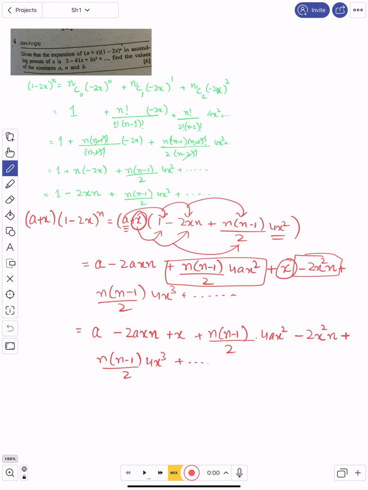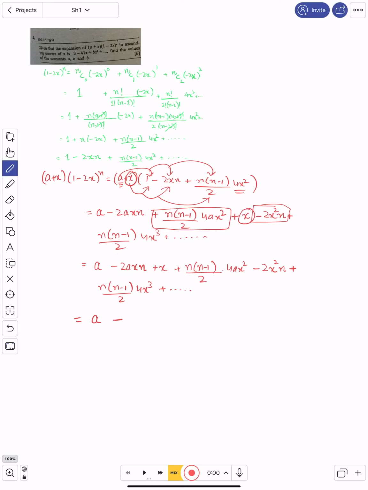And now we have to take x common out. We have (1 − 2a)x, (1 − 2an). So here x squared is common, n(n − 1)/2 times 4a minus 2n, and the third one as it is, the x cubed, which we do not even require.